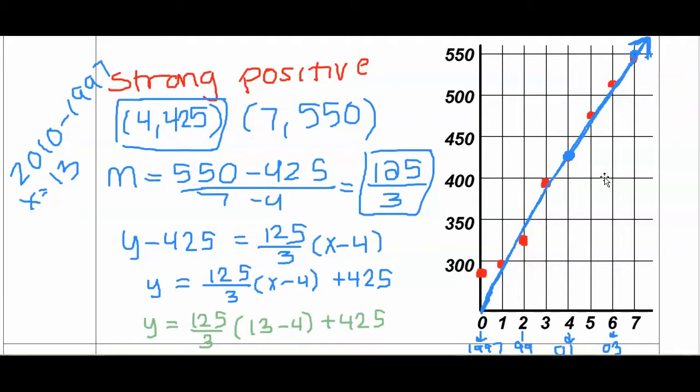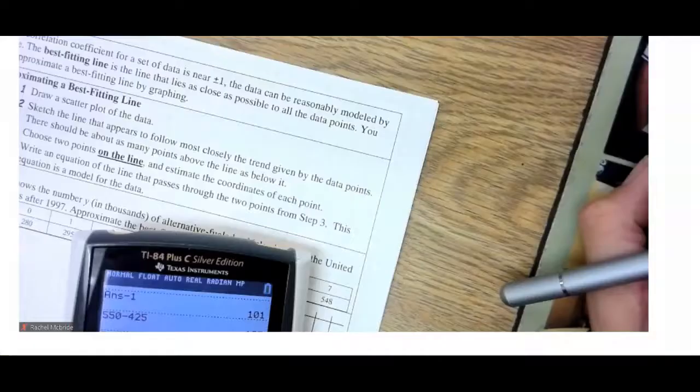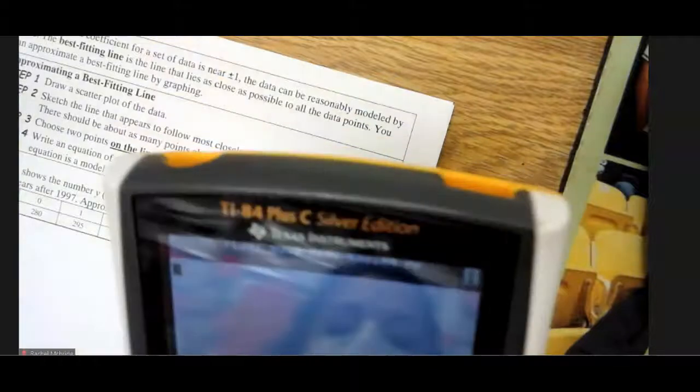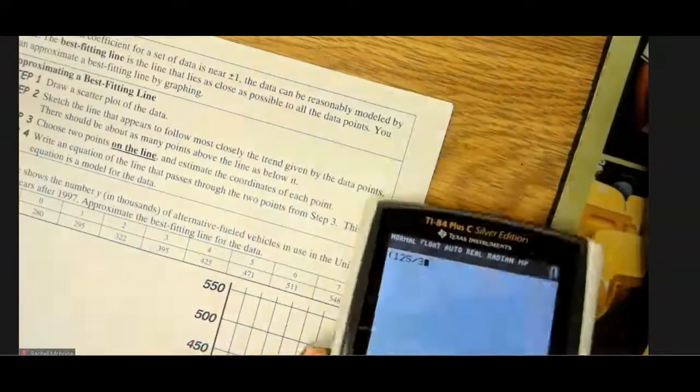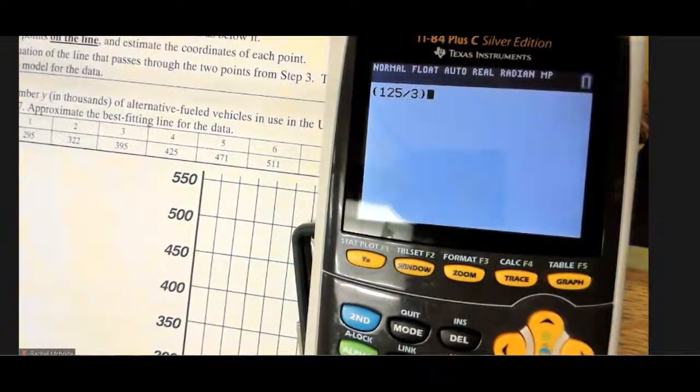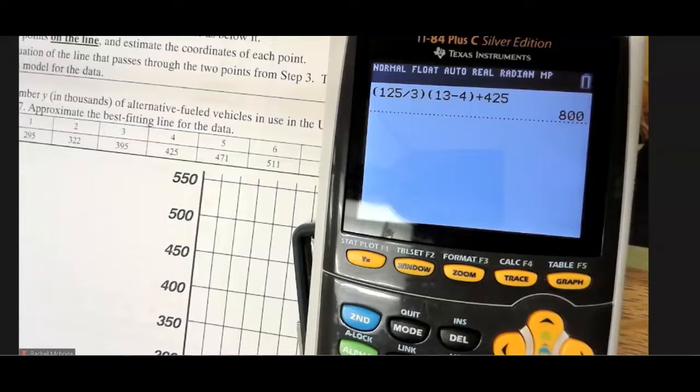What's up there in green, you type exactly like it is on your graphing calculator. So you would have 125 over 3 in parentheses, 13 minus 4 in parentheses, plus 425.